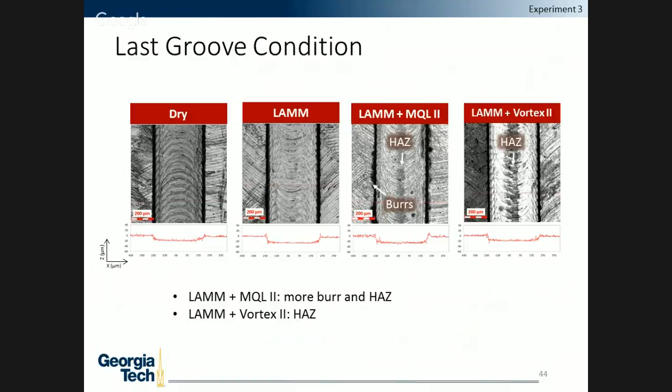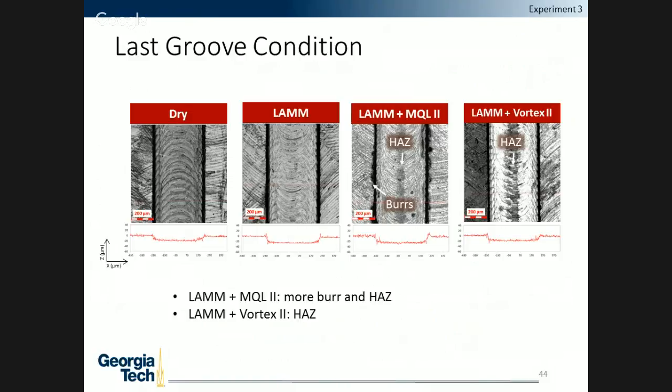And we believe that for the MQL case, the inclusion of oil led to more absorptivity of the laser radiation along the top surface, which led to higher temperatures and increased heat penetration into the workpiece, more so than the depth of cut.